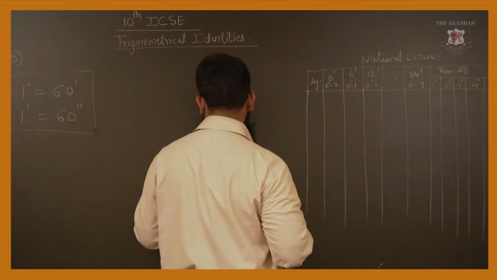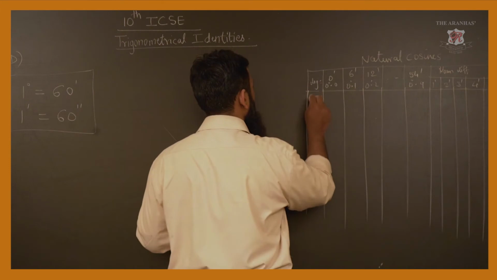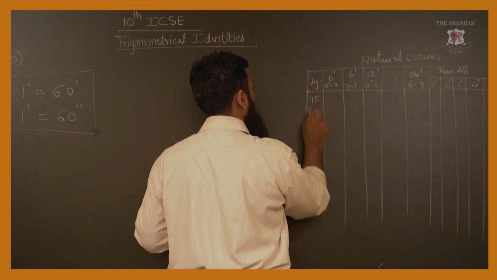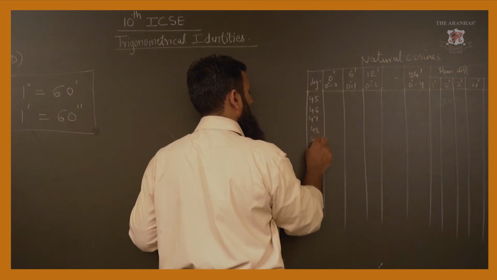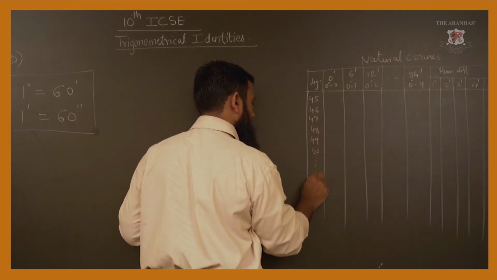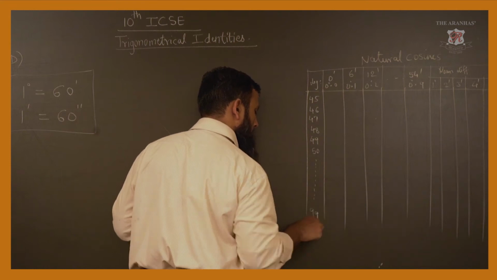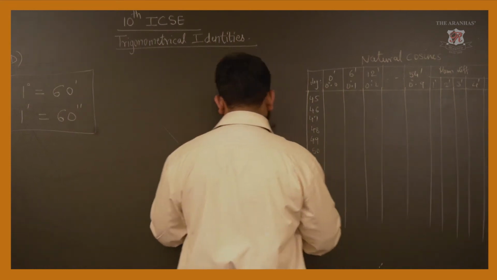Here I will start with the degrees: 45, 46, 47, 48, 49, 50, and this goes up to 99. Now let me write the values.